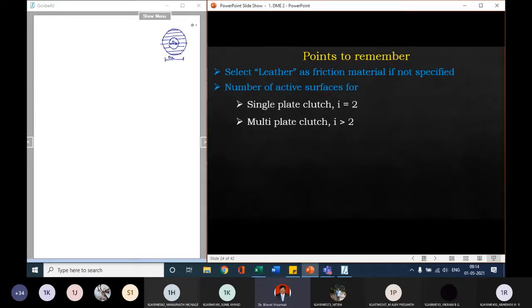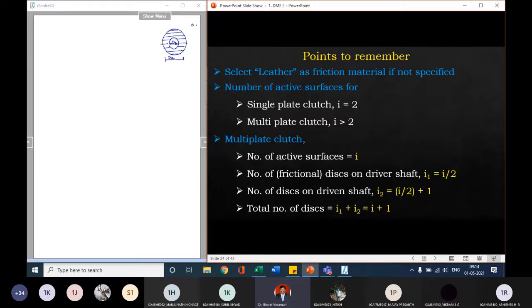Next, the number of active surfaces, the value of I. The value of I in case of single plate clutch will always be 2, and in case of multi plate clutch it will be greater than 2. So how do I calculate for multi plate clutch? If the number of active surfaces is I, the number of frictional discs on the driver shaft, I1, will be equal to I by 2.